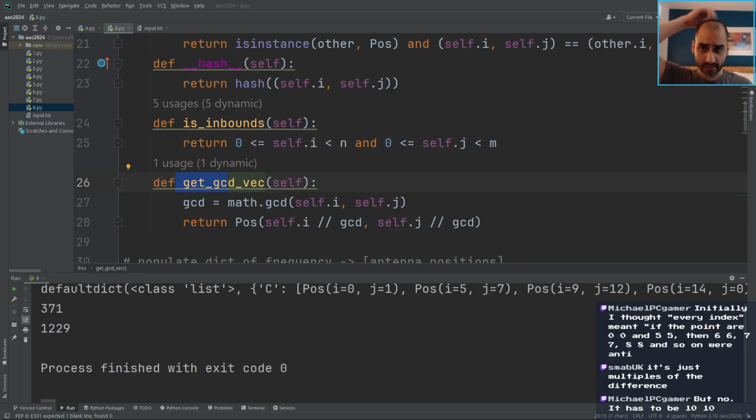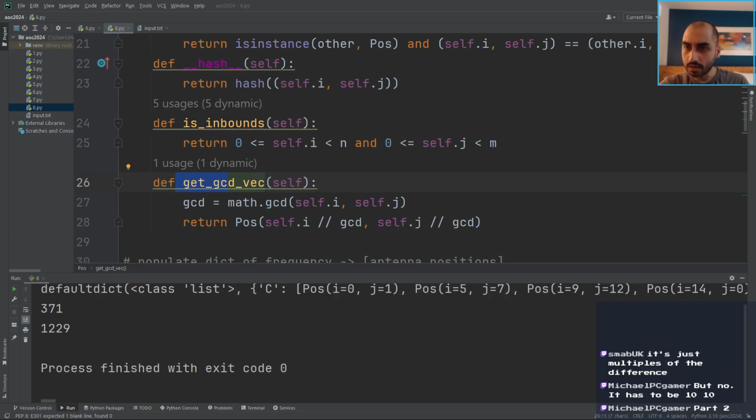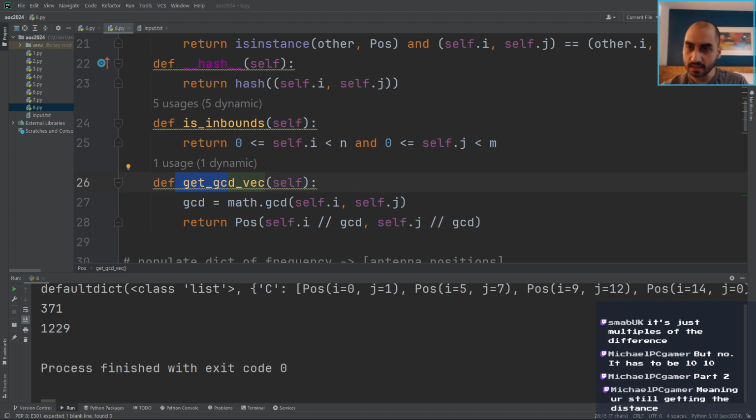Oh, yeah, for part 1, yeah. So part 1, it has to be only the nodes such that... Oh, part 2. But 6, 6, 7, 7, 8, 8 should be in there, shouldn't they? For part 2.